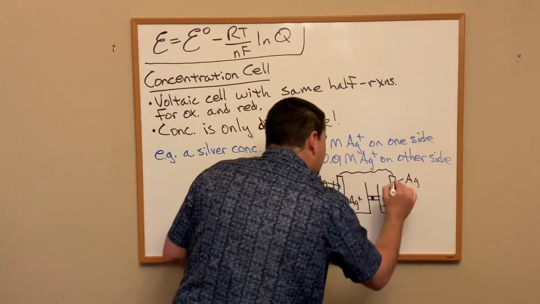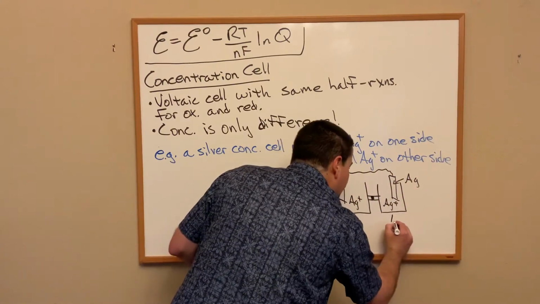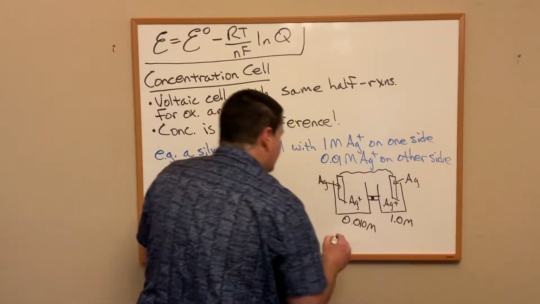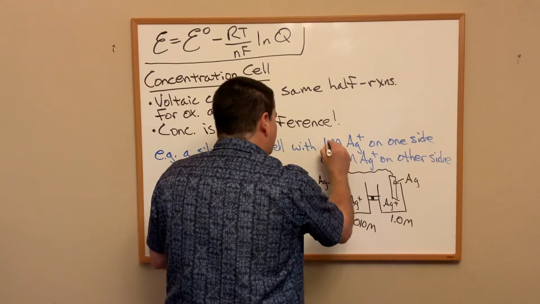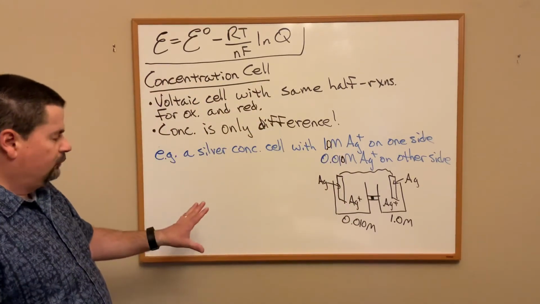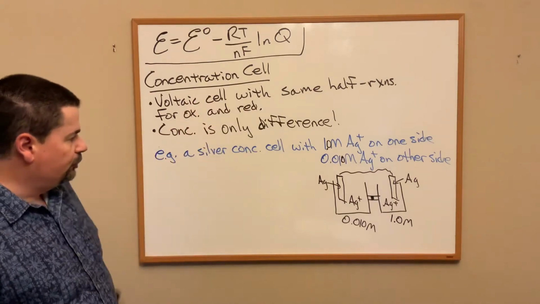We have a wire connecting, and we've got 1.0 molar here, 0.010 molar there. I'll give these guys an extra sig fig. There we go. Okay, now let's think about it for a minute before we plug in numbers into the equation.